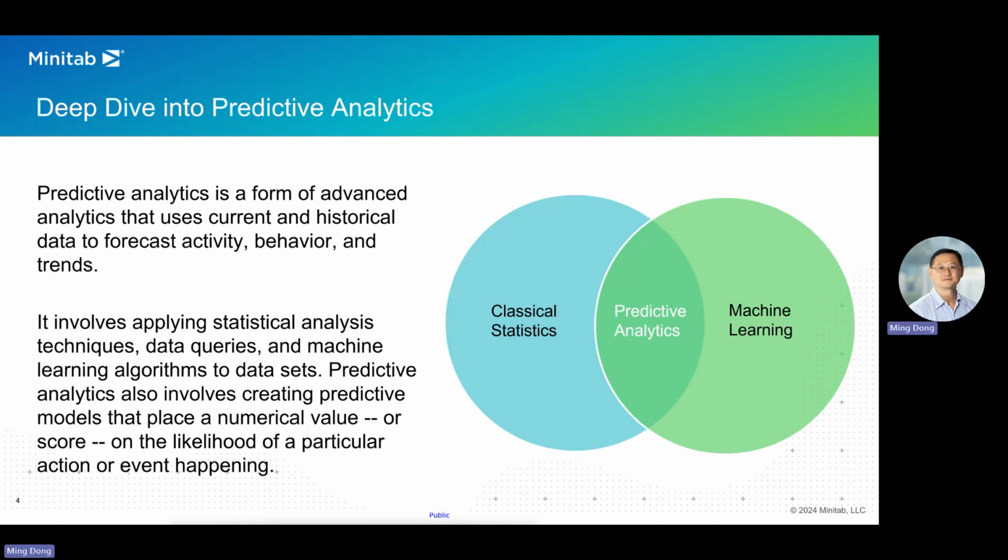Predictive analytic tools, or the algorithms, are a combination of classical statistics and machine learning. Predictive analytics is a form of advanced analytics where we use current and historical data to forecast activity, behavior, and trends. It's a combination of the traditional statistics we learned before, but we can also combine machine learning algorithms.